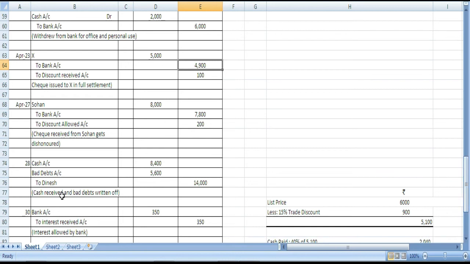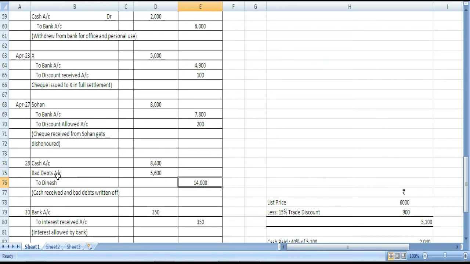So, he was supposed to pay 14,000, and if we calculate 60 paisa in a rupee, what we receive in cash comes to 8400. And we have a bad debt of 5600.